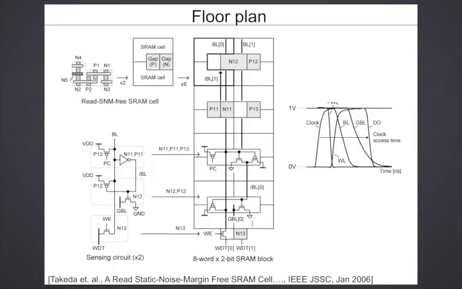The global bit line connects all the groups of 8 cells. The global bit line is also pre-charged. So when this inverter goes on, if this goes to 0, this goes to 1, and the global bit line will get pulled down to 0. So you are transferring the cell information from one stage to the next like that. There is a pull-down transistor for the global bit line, N12. So you have P13, N11, P11, N12.